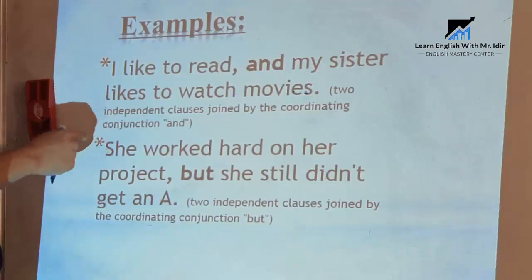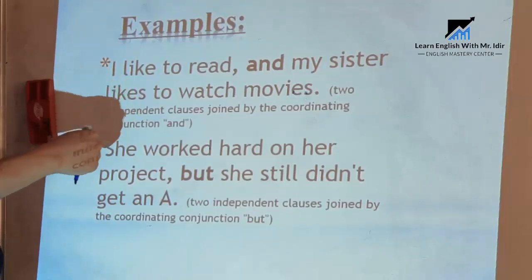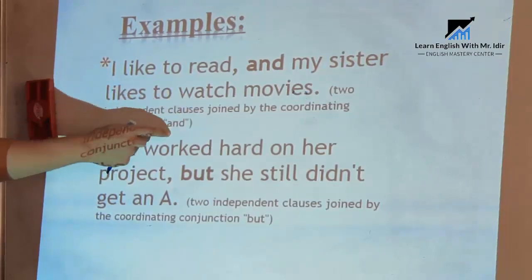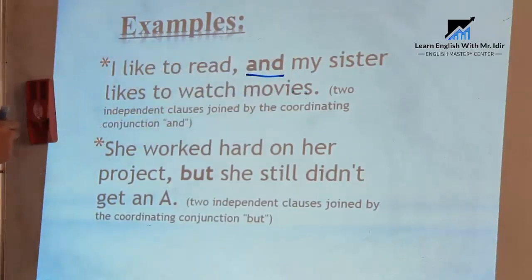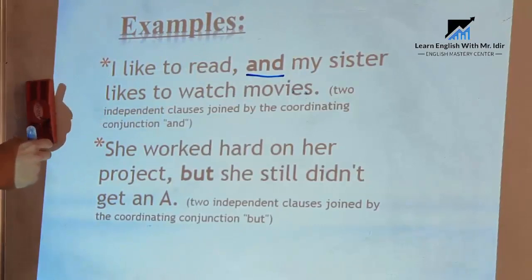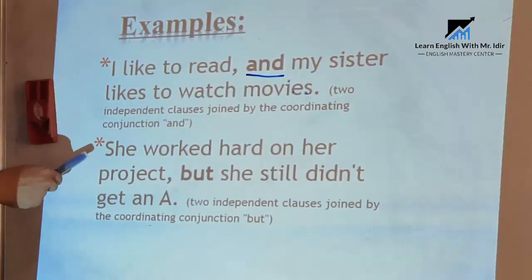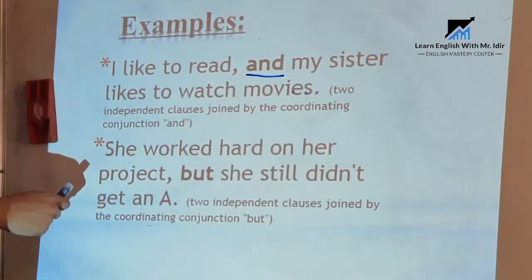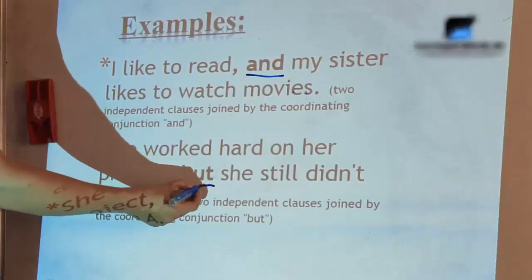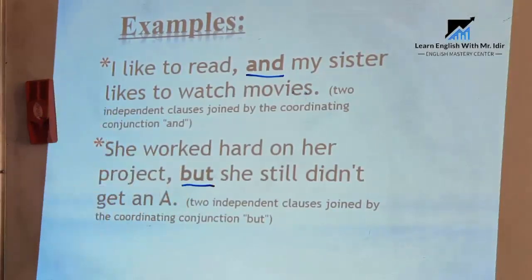These are independent clauses joined by a coordinating conjunction, which is and. And is one of the FANBOYS. Next: she worked hard on her project, but she still didn't get an A. Here but is our coordinating conjunction.